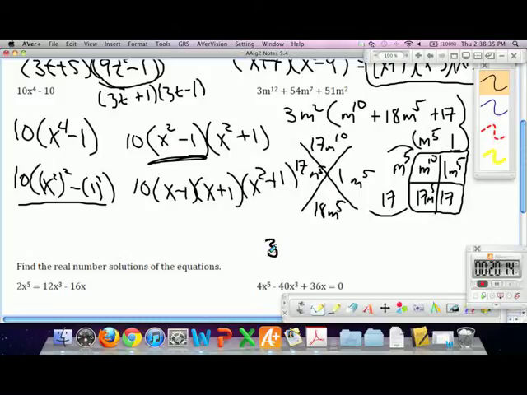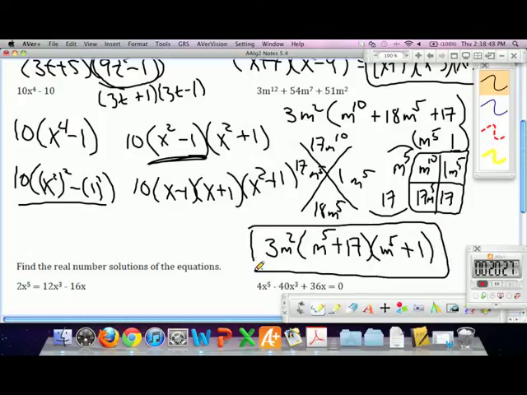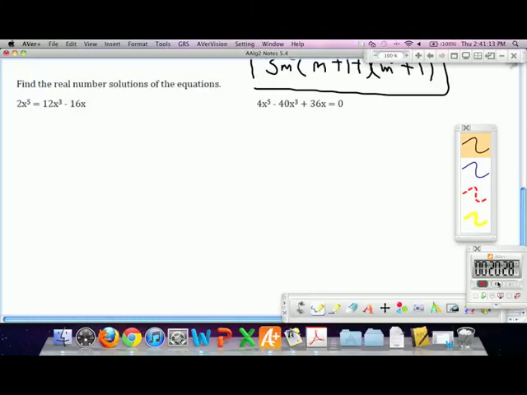It says that 2x to the fifth is equal to 12x to the third minus 16x. Start by rewriting this so it's equal to 0. We get 2x to the fifth minus 12x to the third plus 16x is equal to 0.